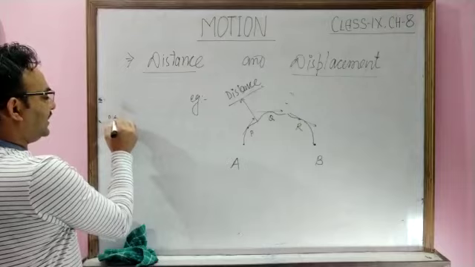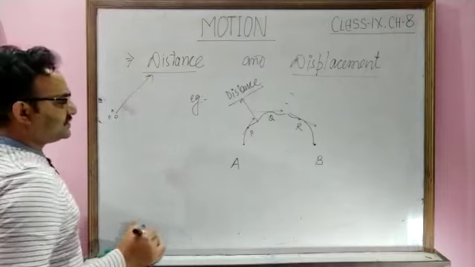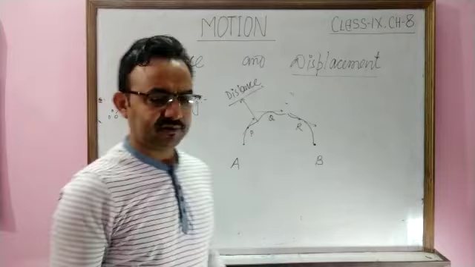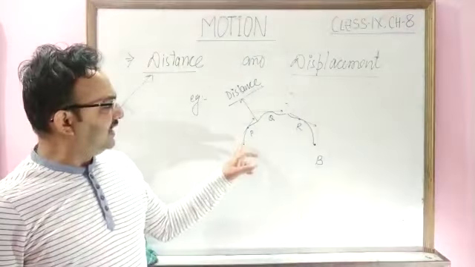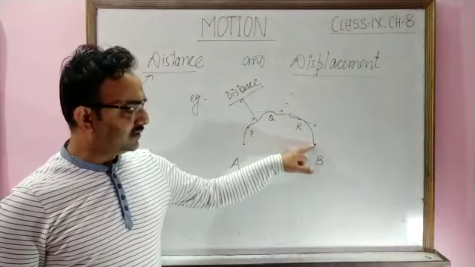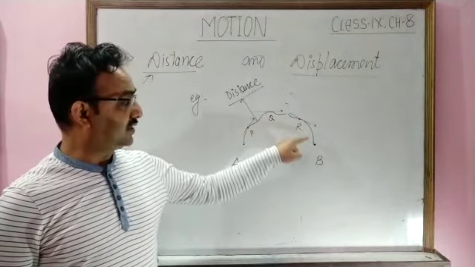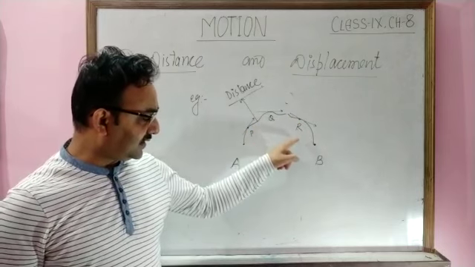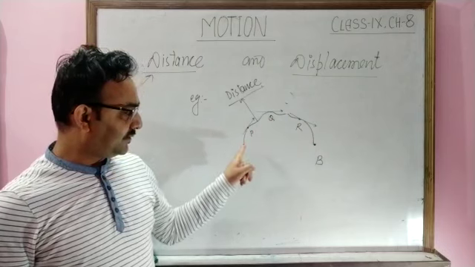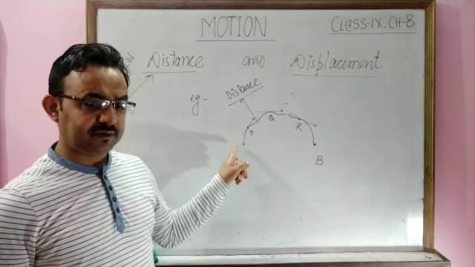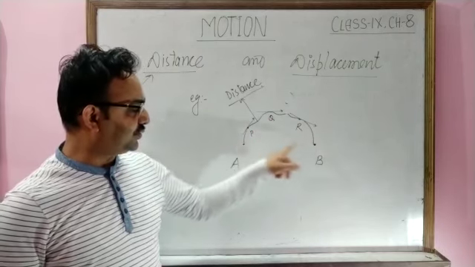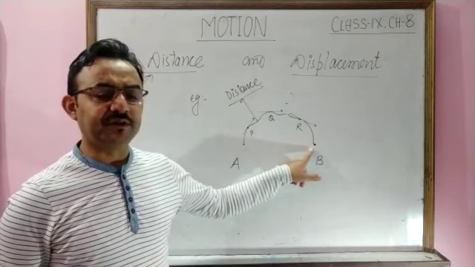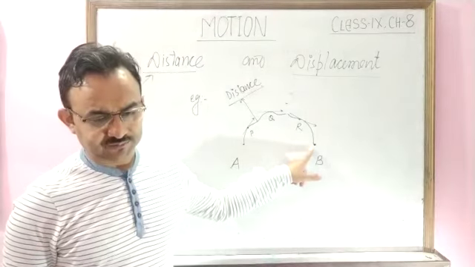Therefore, in the definition of distance, you may write: total length of path covered by the moving particle when it reaches from initial to final position with the passage of time.